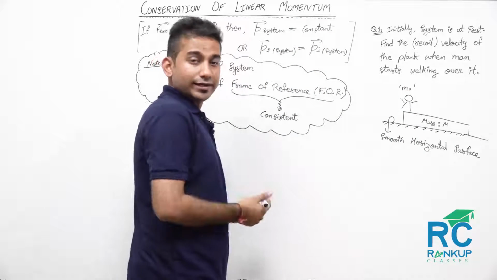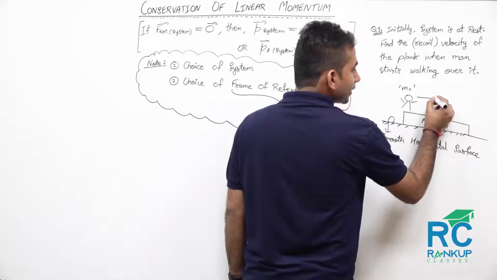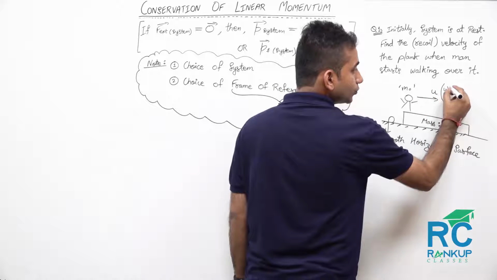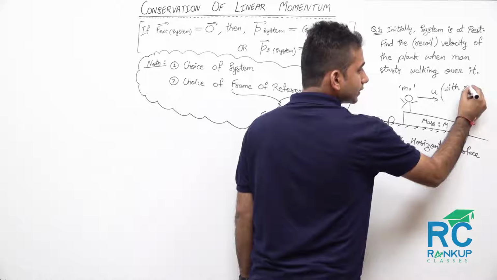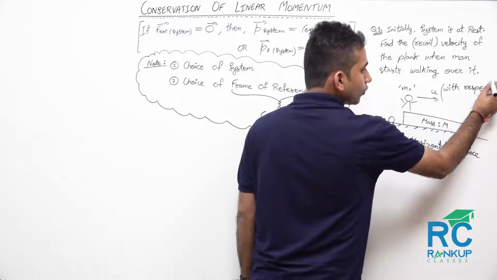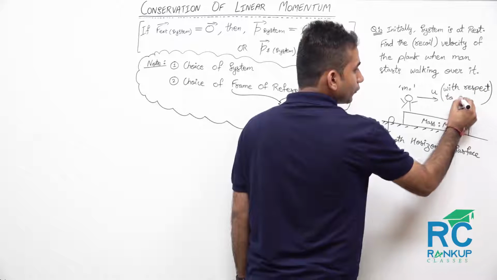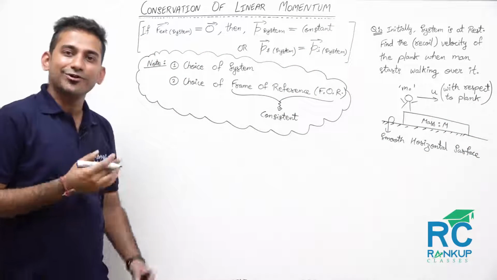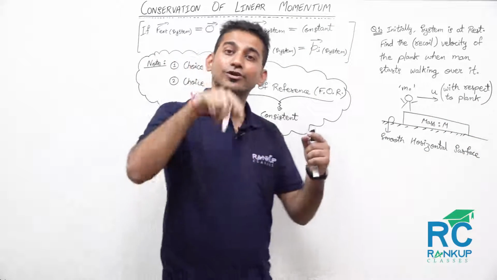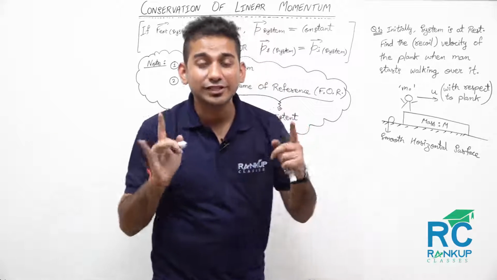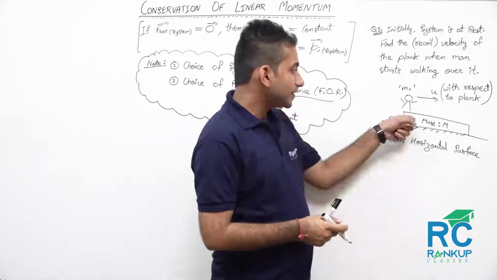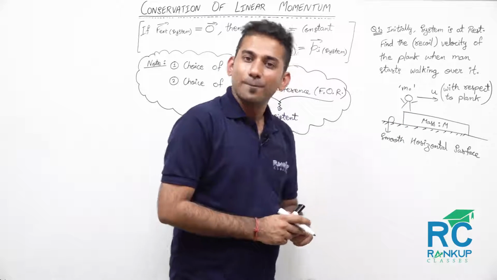He was also initially at rest. Now the man starts walking over the plank with a velocity u, but this velocity u is given with respect to the plank, which means if the plank is considered as an observer, then according to the plank, the man will be walking over the plank in the forward direction with a velocity u. Got the point? And you need to determine the recoil velocity of the plank.